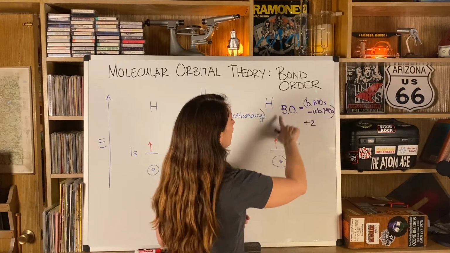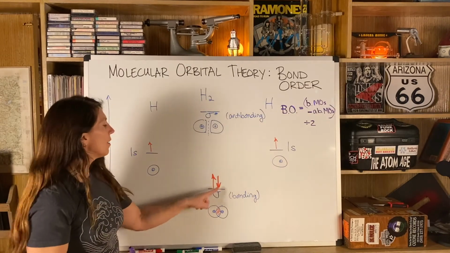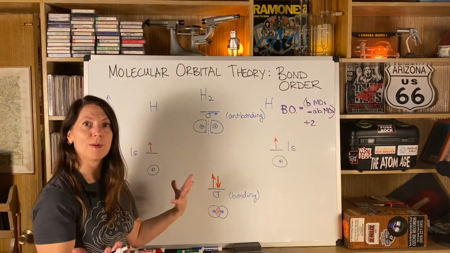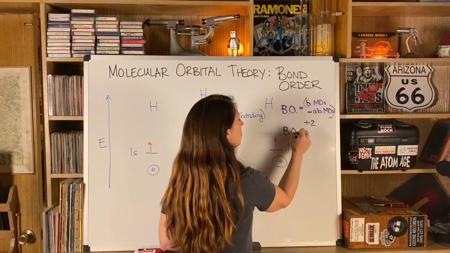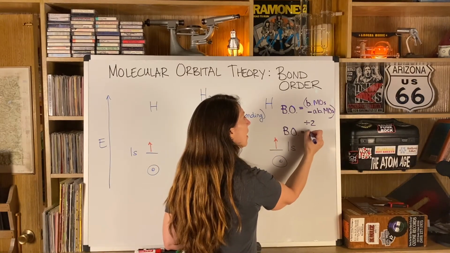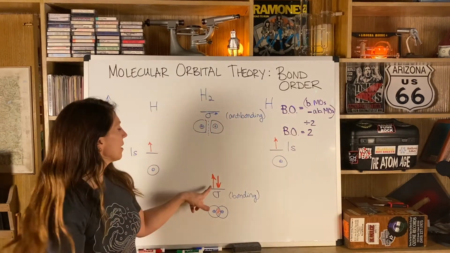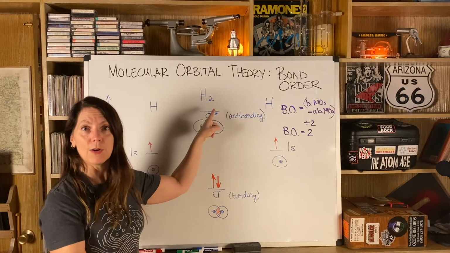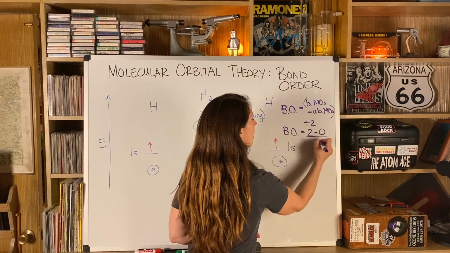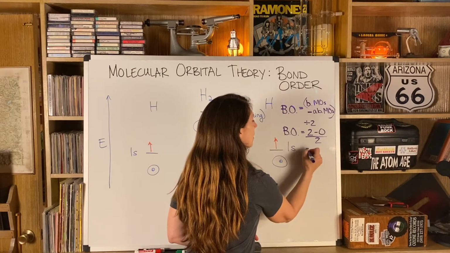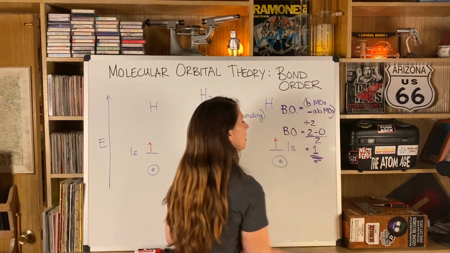Okay, so in the case of H2, here's our 2 electrons, those are bonding. So for the bond order of H2, we have 2 electrons in the bonding molecular orbital, 0 in the anti-bonding, and we divide all of that by 2, and that gives us a bond order of 1.